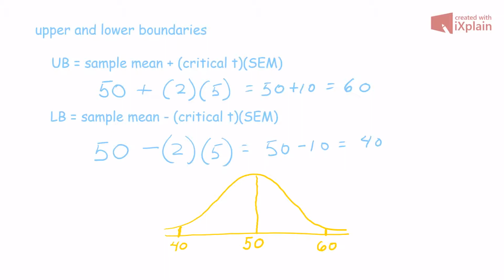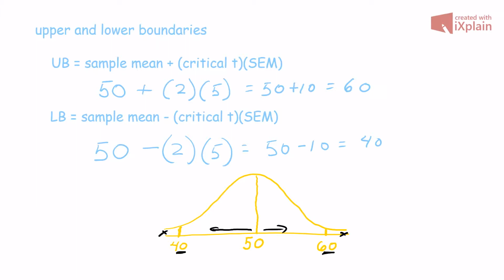So as you move away from the sample mean, values become less and less plausible. 40 is considered the lower bound because that's the lowest value that's considered plausible. And 60 is considered the upper bound because that's the highest value that's considered plausible. It is possible that the real population value is out here or out here, but it's very unlikely.